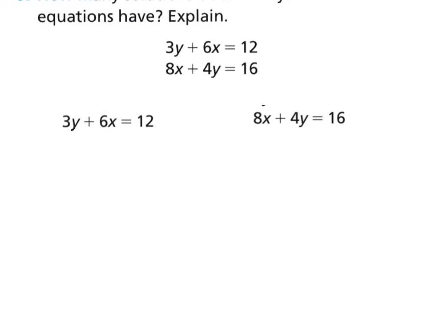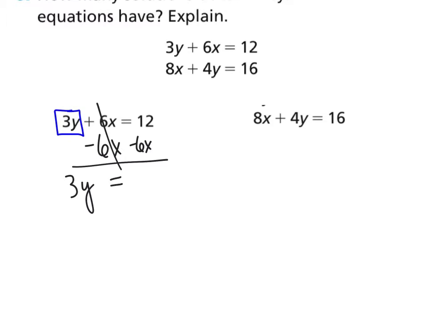So in our first equation, if we're going to try to solve this for y, first we're trying to get the y term by itself. We can't do this in one step, but we're going to try and get that 3y by itself. You can see they're adding 6x on that side, so we're going to do the opposite operation. We're going to subtract 6x on both sides.